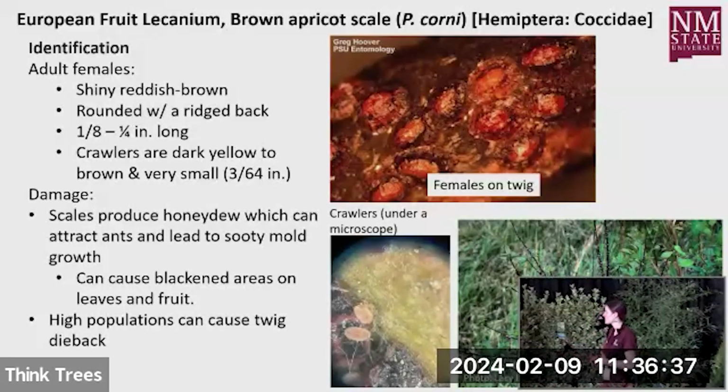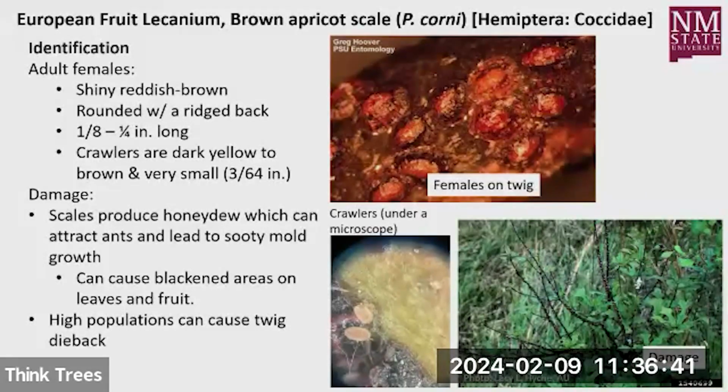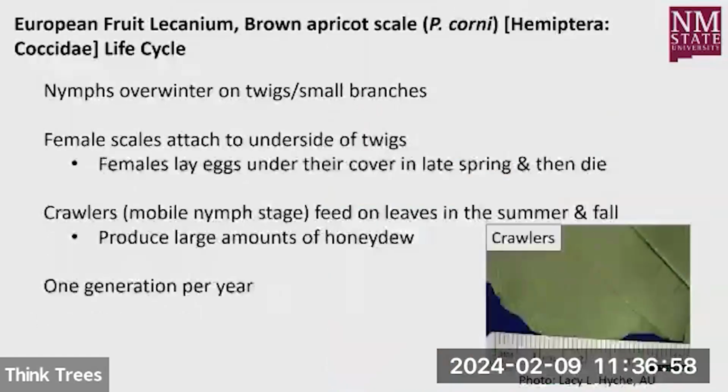Their damage is pretty standard for any scale, from the way that they feed, right? And these guys can also lead to honeydew and ants attracted to them, and mold and that sort of thing. So high populations of them can also cause twig dieback once they get too out of hand. And here's some of that damage there.